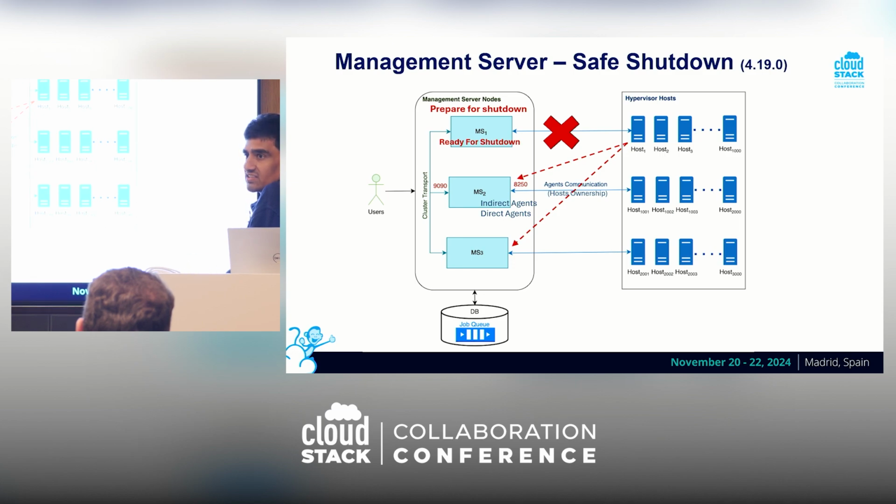It will take some time. Till that time, we can consider the complete CloudStack environment to be in a down state, and to stabilize it will take some time. So it depends on the number of host connections, right?